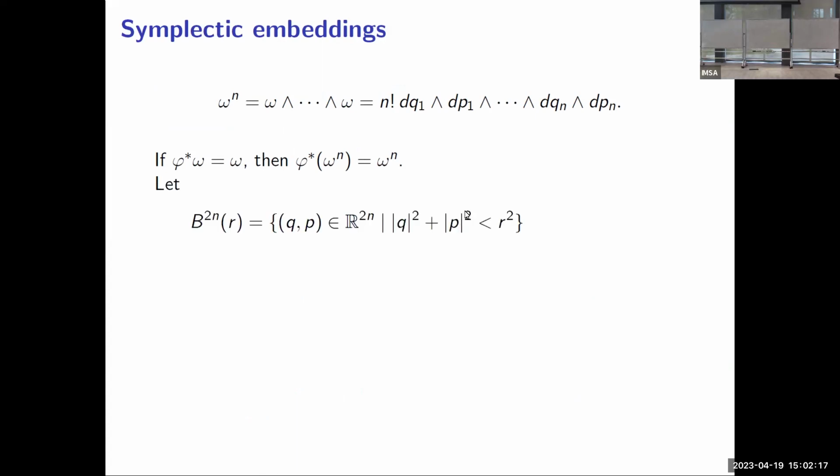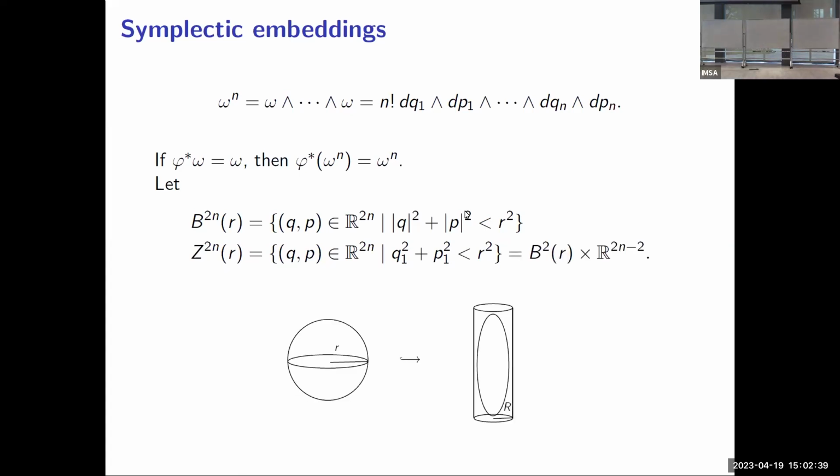Okay, so for example, if we take the ball in the cylinder, so this is like the seminal question in symplectic topology, if you take the ball and then we take the cylinder, which is the Z^2n, where you fix q_1 and p_1 to be in a disk, and then you let all the other variables loose, then you could ask, when does the ball embed into the cylinder?